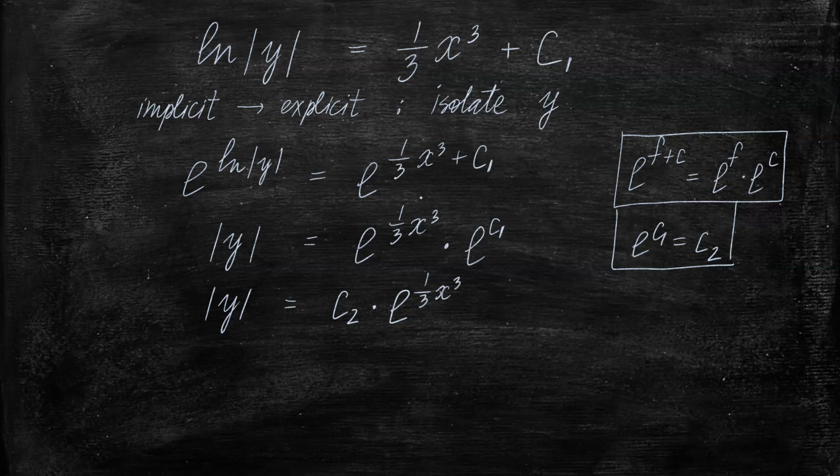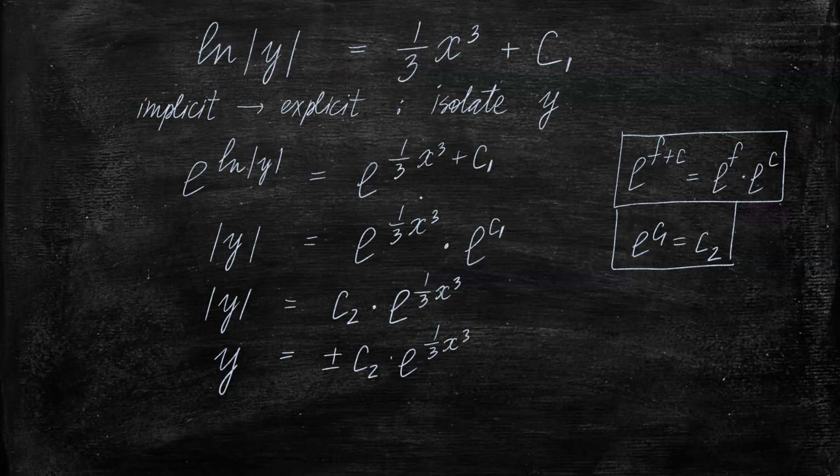1/3 x cubed. Now we have to isolate y by getting rid of the absolute value. So absolute value of y equals something implies that y inside could be equal to plus or minus whatever that right hand side we have.